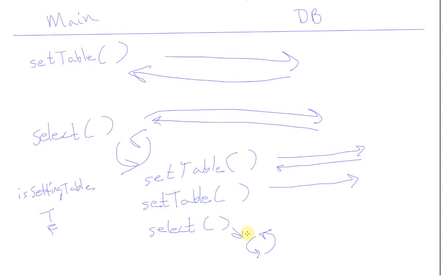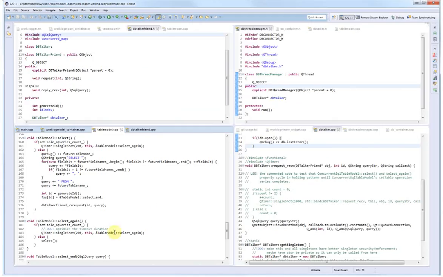We are in a situation where the select could come back and check to see if is setting table is false, which means it is to begin its operation series processes, which is undesired because the client coder expects for the select to select off of the most recent set table function, which is why is setting table is not the way to go, and the way to go is with a count of the set table operation series that are currently active.